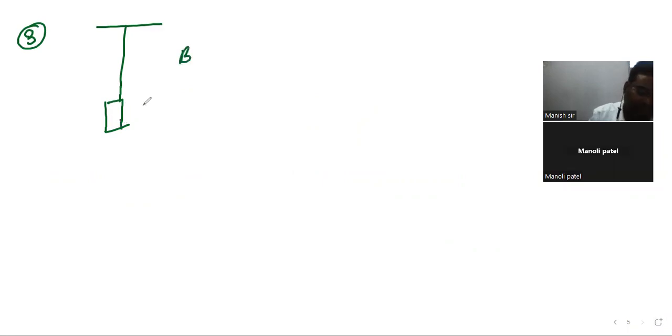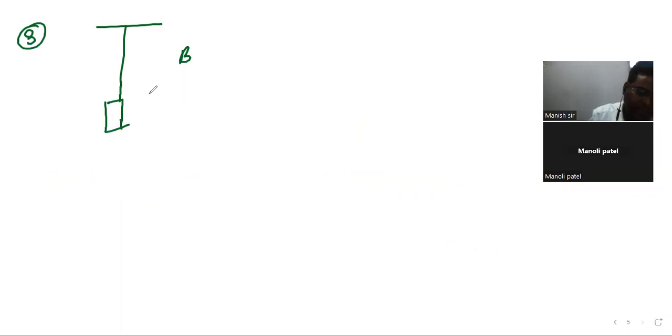Now see the third sum. The third sum is talking about a bar magnet hanged by a thin cotton thread. Suppose this is an iron rod, hanged by a thin thread in a uniform horizontal magnetic field, and it is in equilibrium.